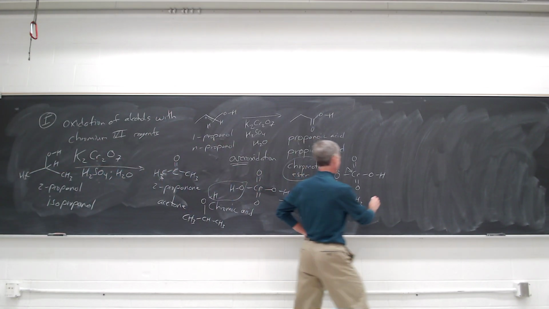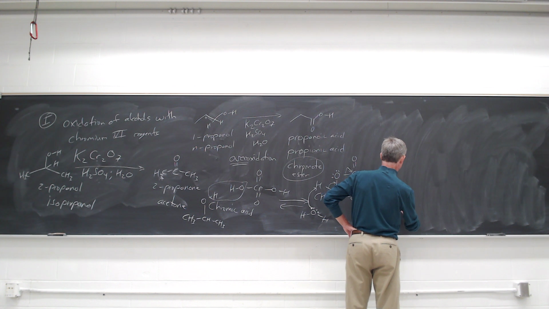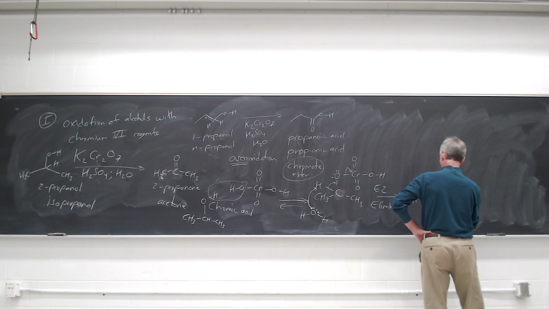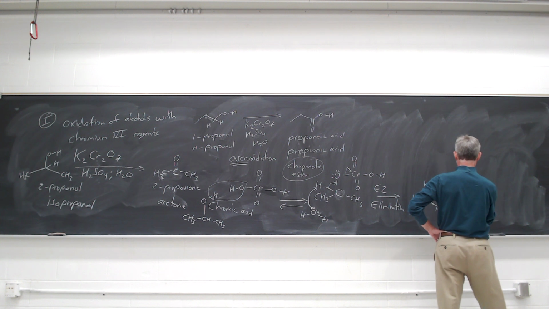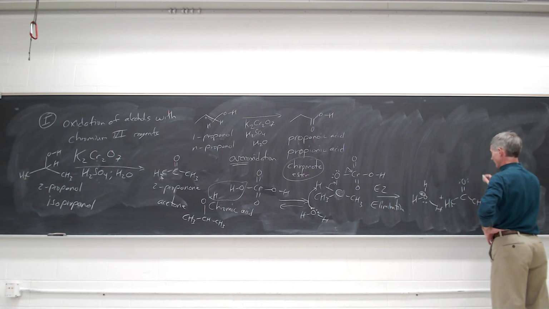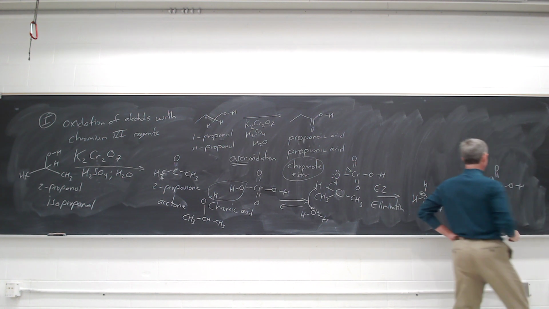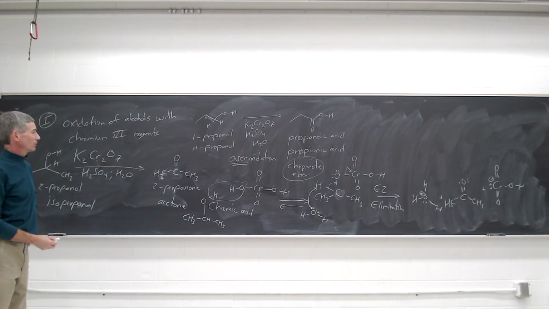So this last step is an E2 elimination, regenerating the acid, producing the carbon-oxygen double bond, and generating a chromium species that will eventually decompose further to become chromium-3 plus.